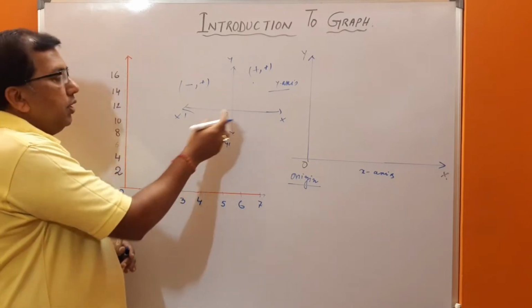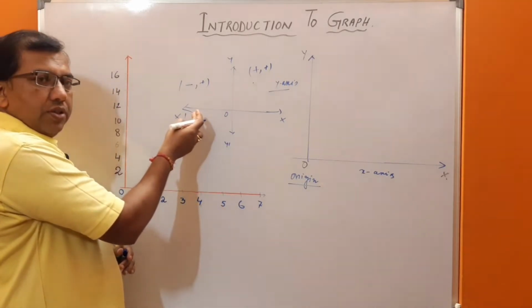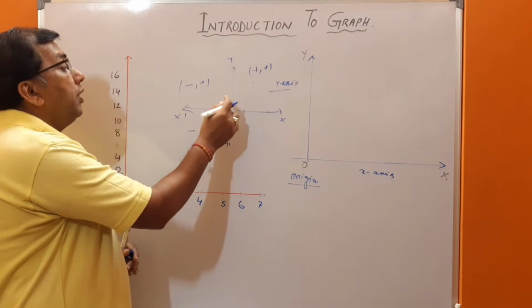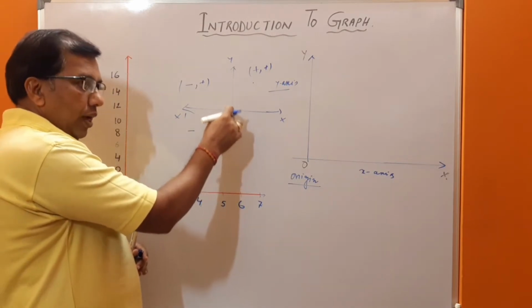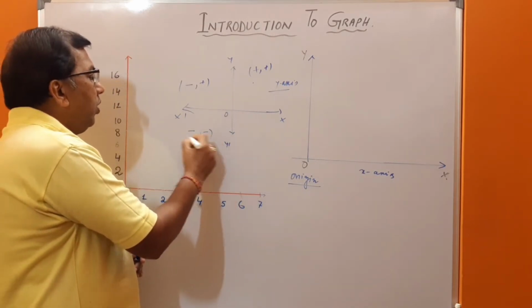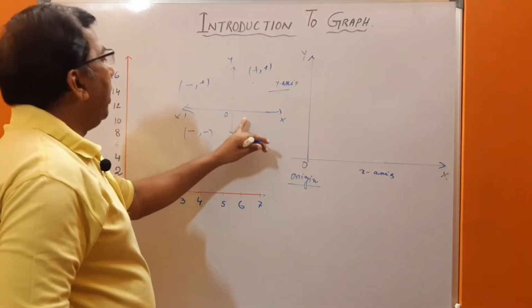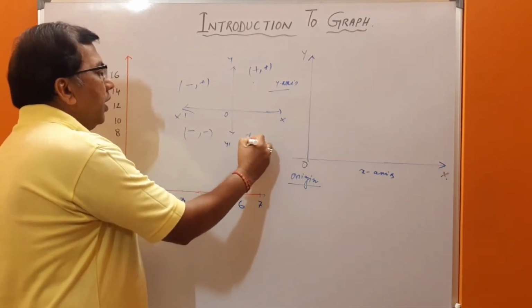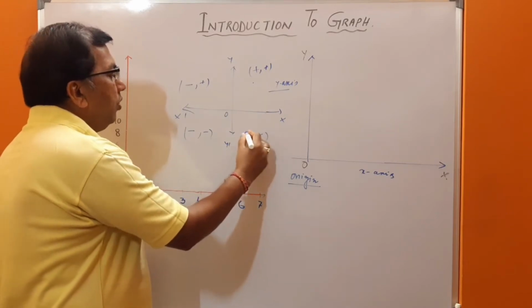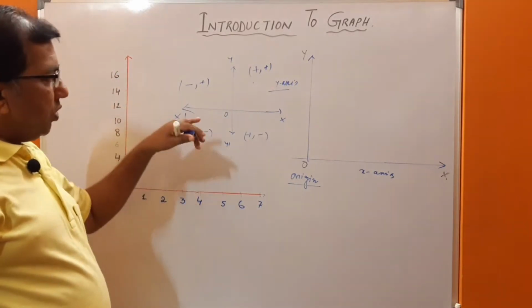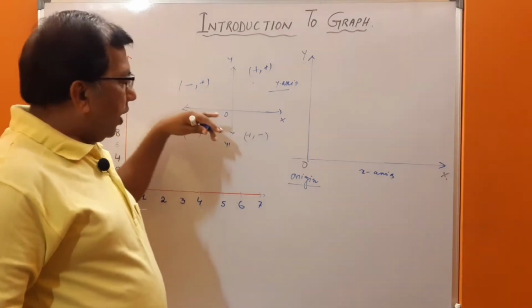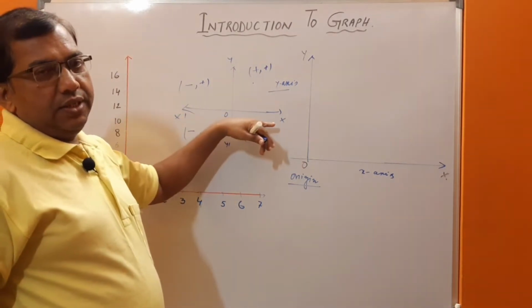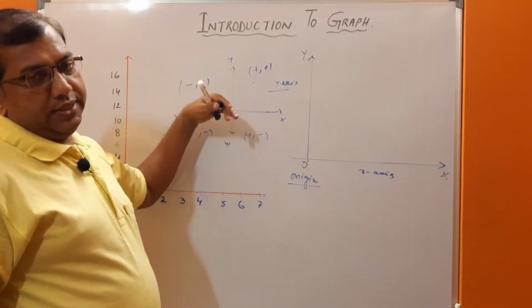If you come here, you move left along the x-axis, minus, then move down along the y-axis, so it will be minus. And out here, you move right along the x-axis, plus, then downward along the y-axis, minus. So always remember, you have to move first along the x-axis, then along the y-axis.